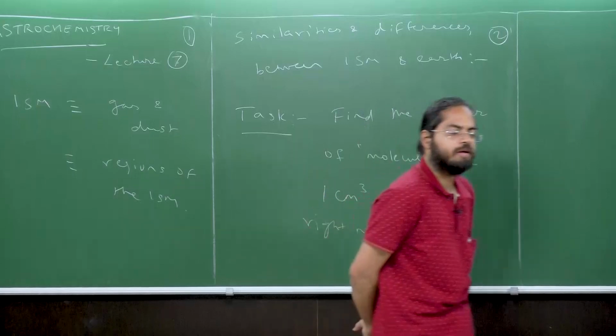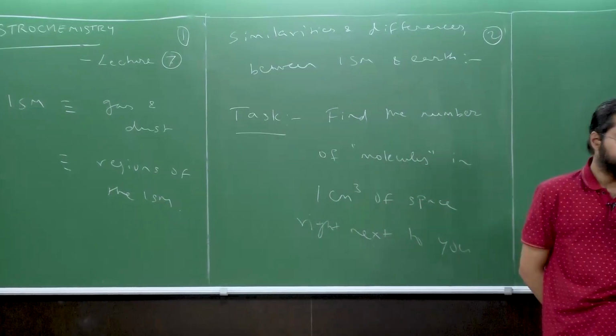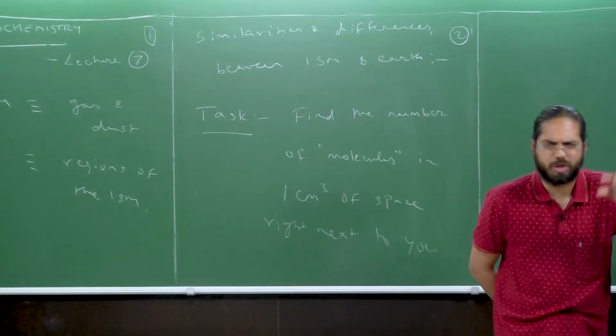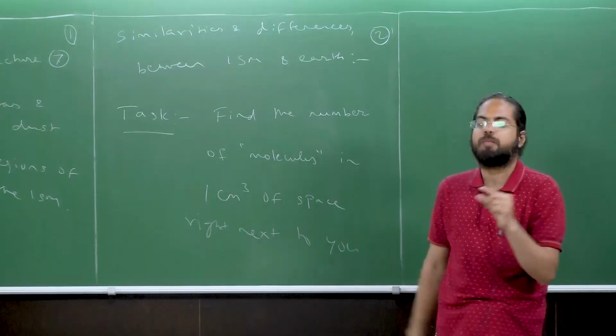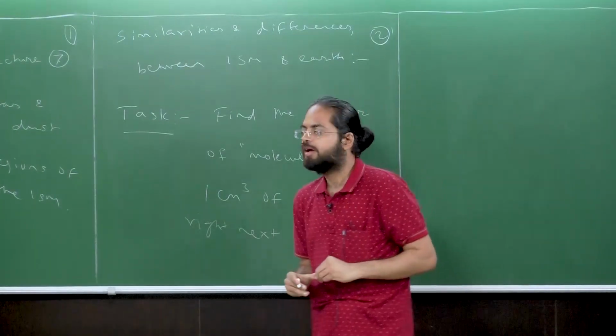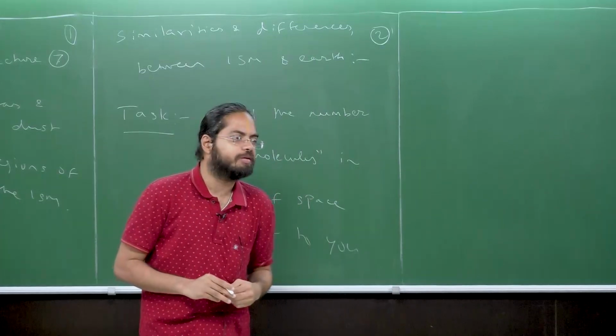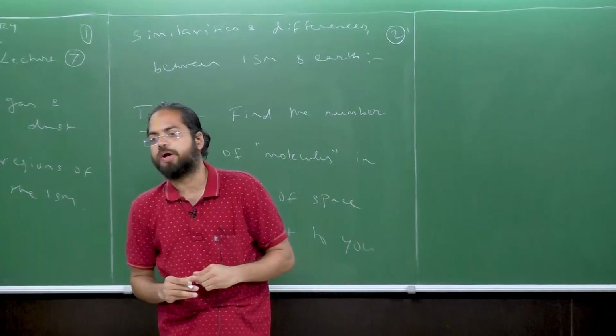Clear enough, right? You just imagine some space, 1 centimeter cube, this much, and how many molecules are present in it? How would you do it? Where would you begin? What would be the starting point?